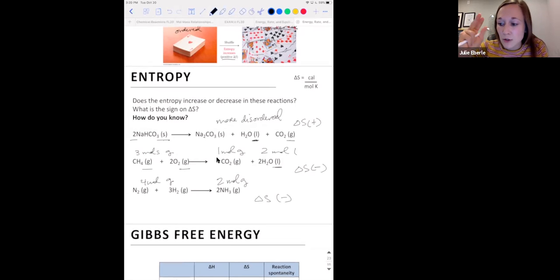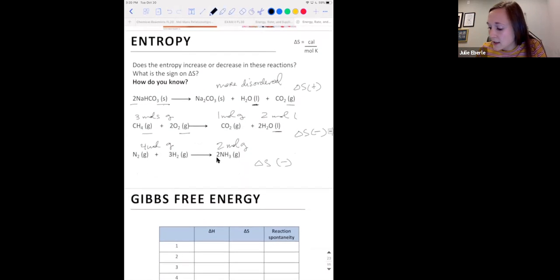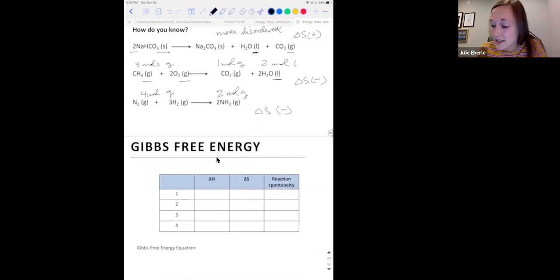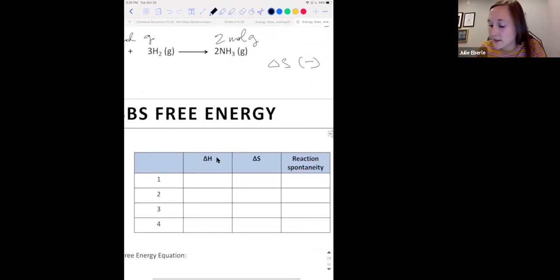So what we have learned so far is that a reaction is favorable or spontaneous when your delta H is negative. That's an exothermic reaction. We said that one's favorable over an endothermic reaction. And we said when delta S is positive, when disorder is increasing, that is also favorable. Reactions tend to be spontaneous when you have these kinds of signs on your delta H and delta S.